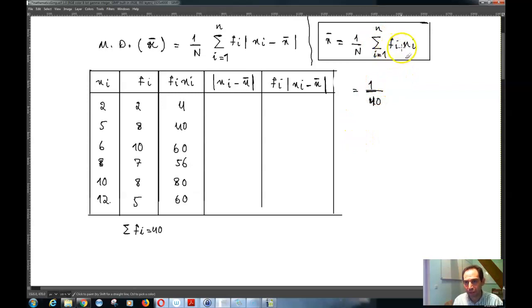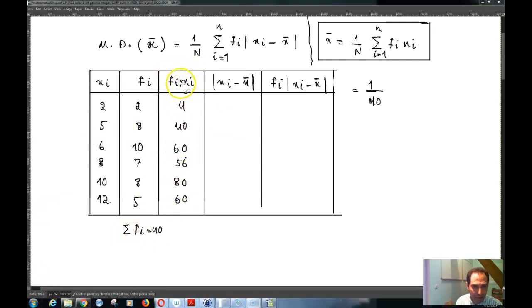And then sigma f of i times x of i, as i goes from 1 to n, we can calculate from this table.